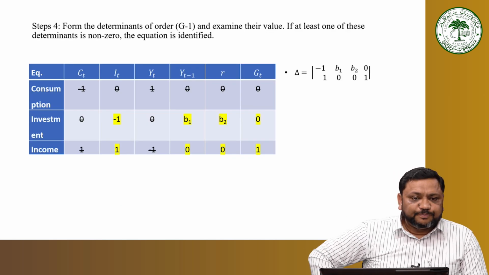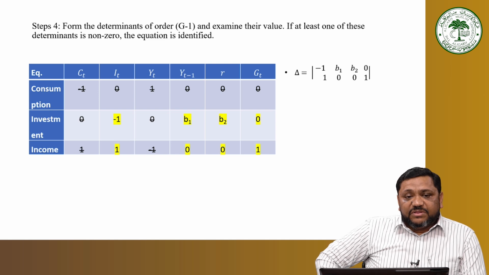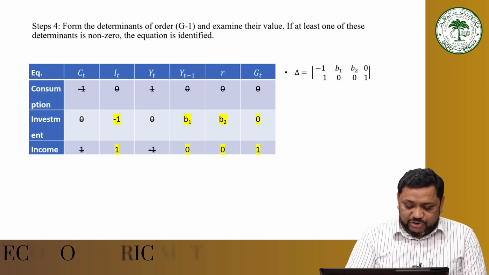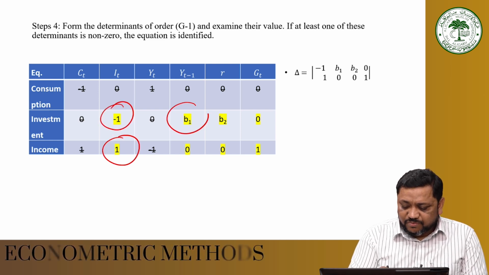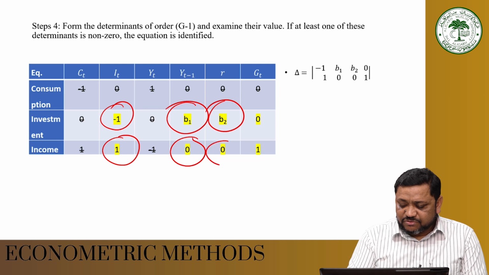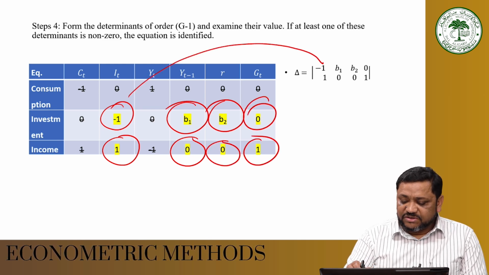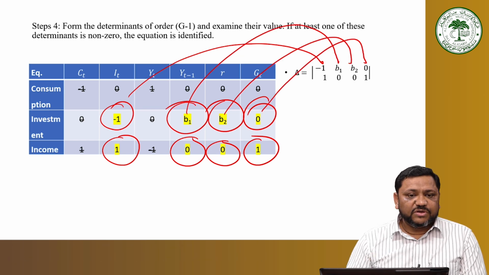Now, step 4. Form the determinants of order g-1 and examine their value. From what is left? So what is left? -1, 1, B1, 0, B2, 0, 0 and 1. We make it a matrix. This comes over here, this comes over here, this comes over here, this comes over here.